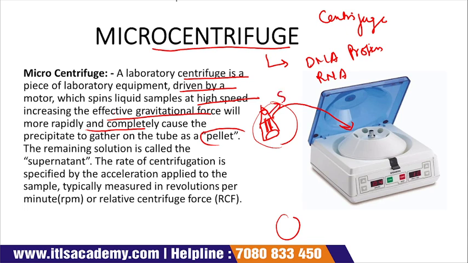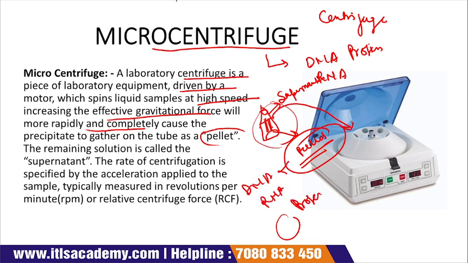The upper part is called the supernatant and the lower part is called the pellet, and this pellet may be DNA, RNA and protein. Sometimes we use the pellet for our further experiment, and sometimes we use the supernatant.